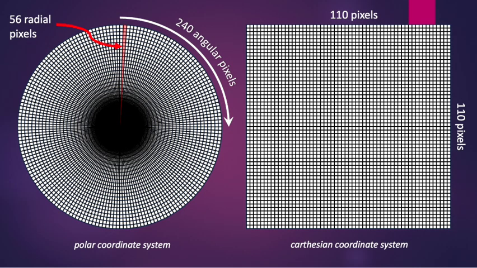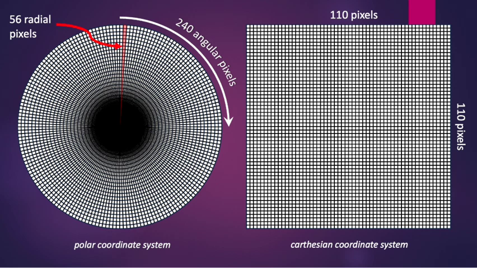The image of the rotating display can be described most simply in a polar coordinate system. In such a system, the pixels are characterized by the radius and the radial angle. Given the 56 LEDs of the display, the radial resolution has 56 pixels. On the other hand, 240 angular positions are distinguished.